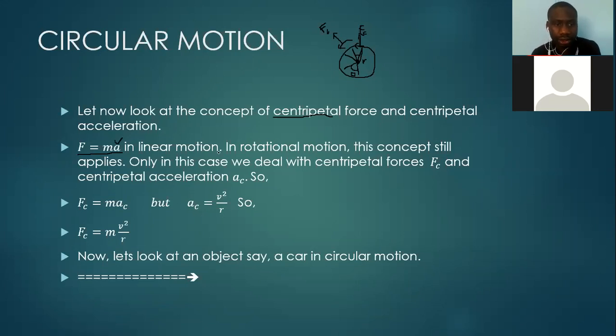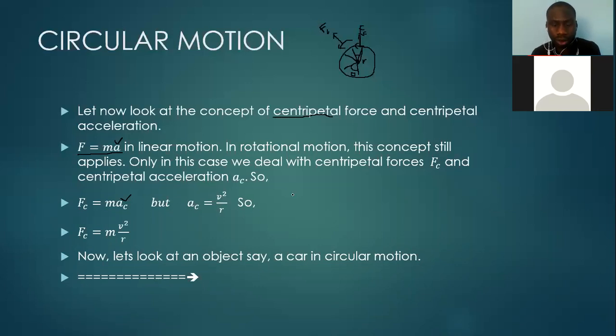This is also the case with rotational motion. Even in rotational motion, when we have a centripetal force, this centripetal force will always produce acceleration. This type of acceleration will be called centripetal acceleration. How do we describe this acceleration? We describe it as v squared over r. This is when we use linear velocity.